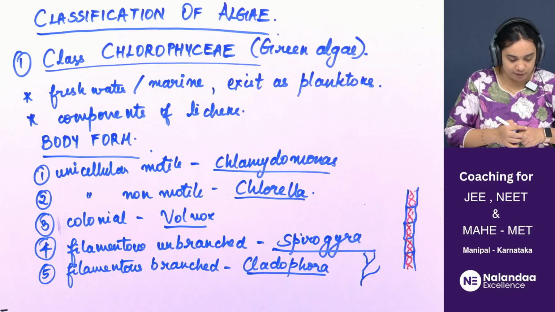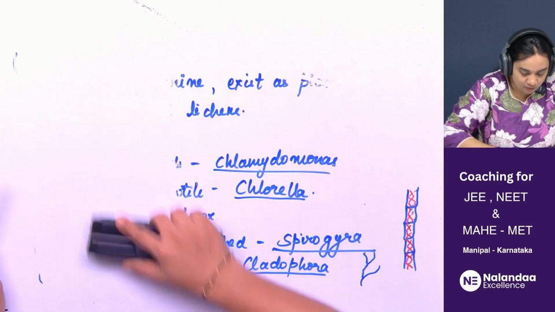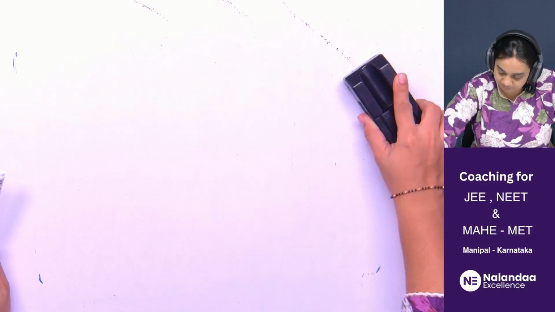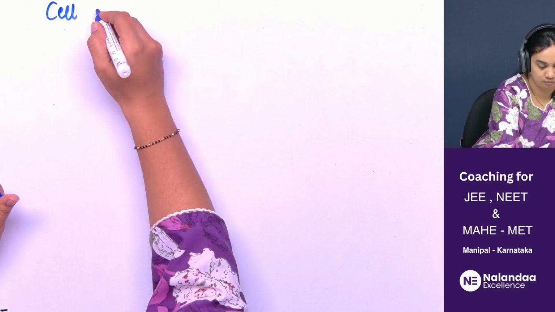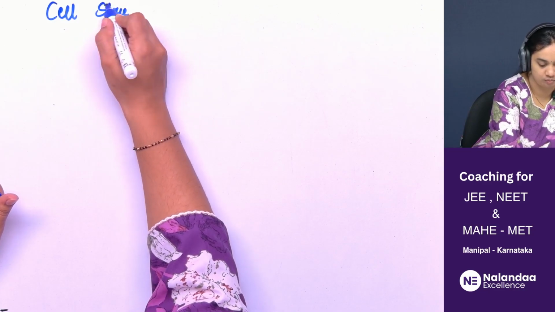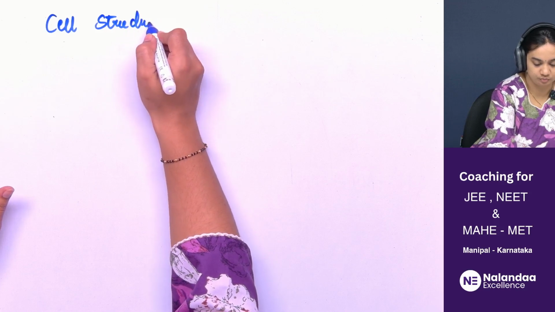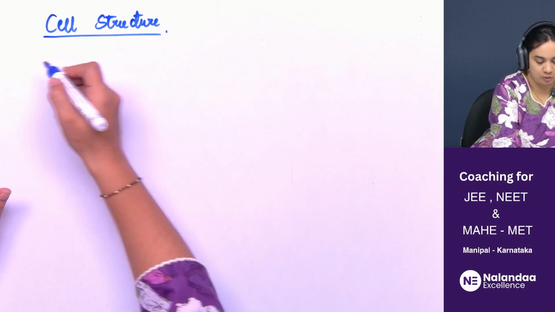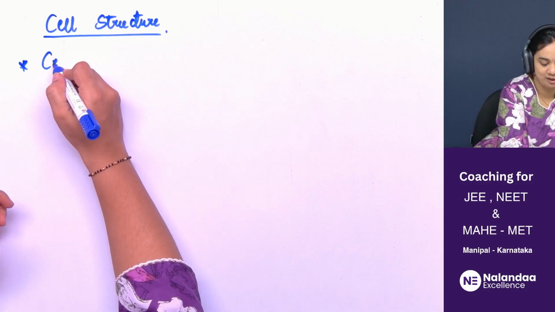Okay, so next we'll talk about class Chlorophyceae, the cell structure, the individual cell. When we talk about cell structure, first we'll start with the cell wall.